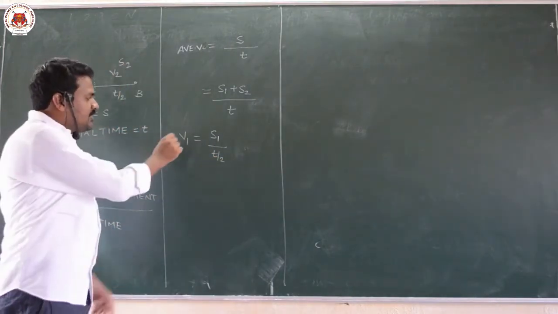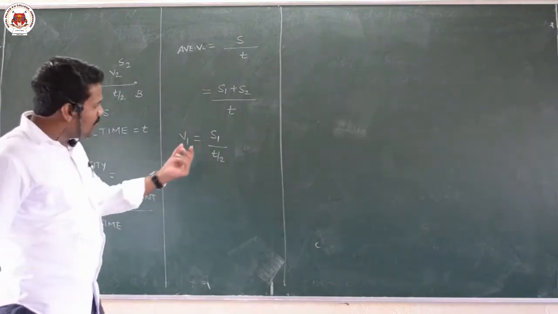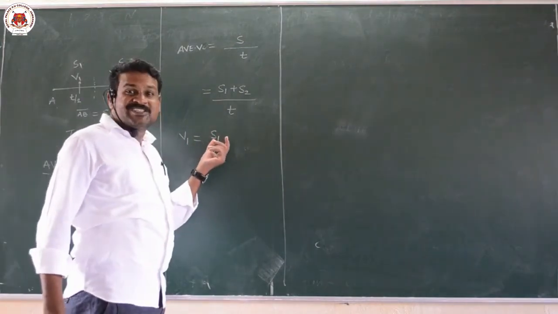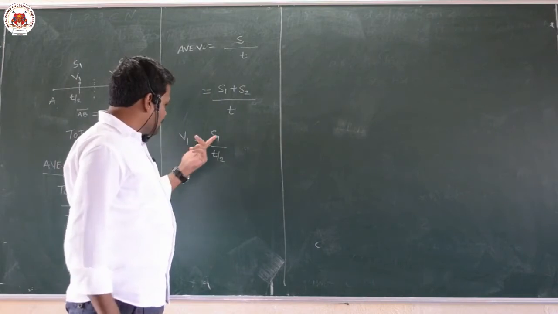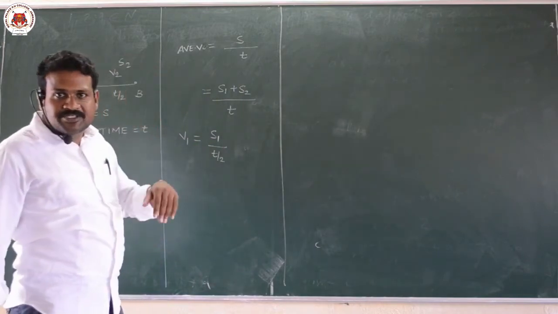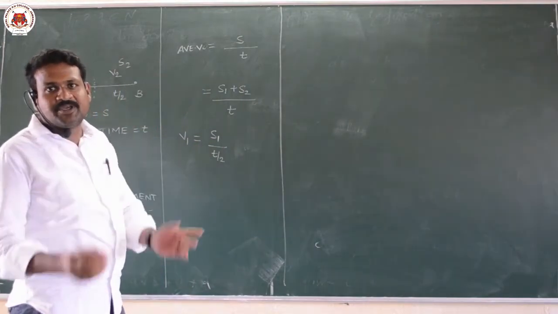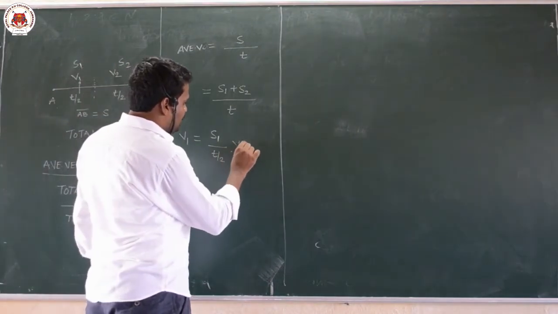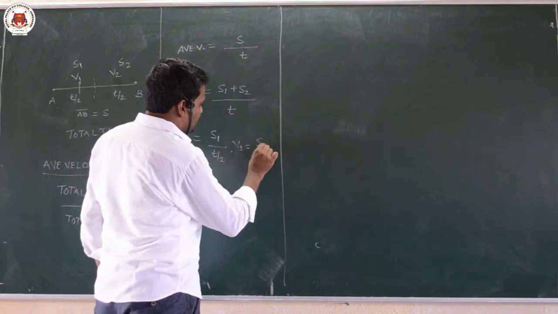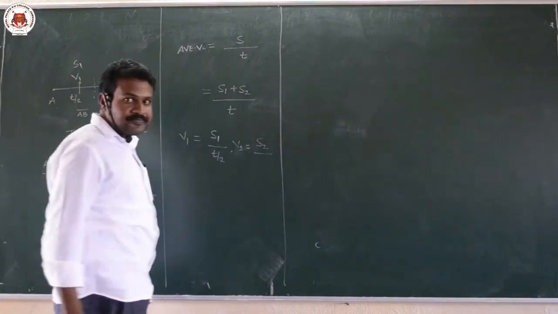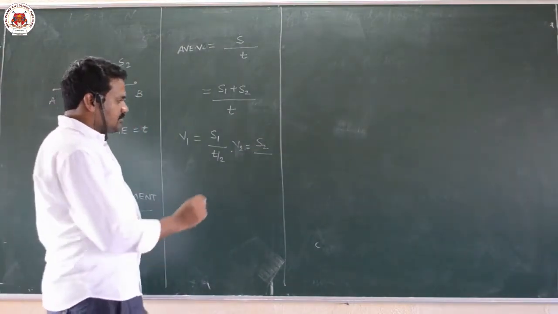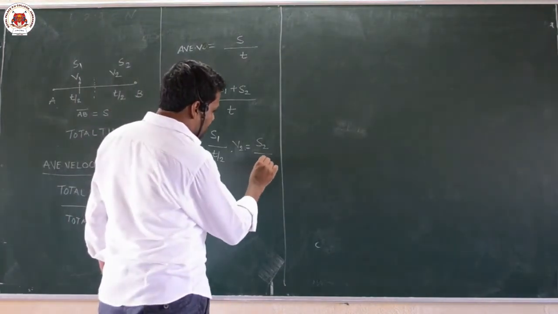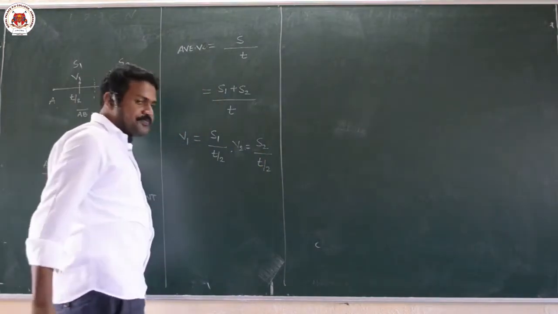In the first half of the journey my velocity is v1, the displacement I assumed as S1. So v1 is equal to S1 by t by 2. Similarly v2 is equal to S2 by t by 2, for the next half of the journey.